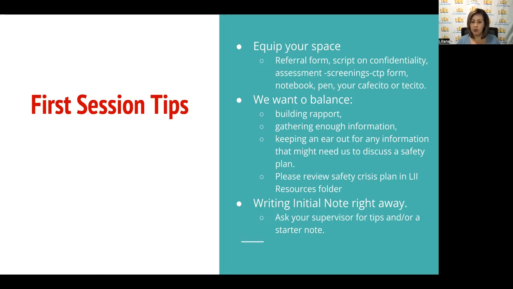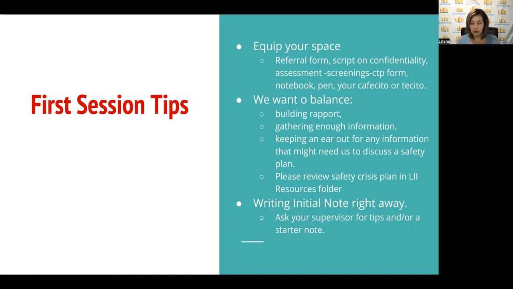So what I do want us to do is, since you all should have access to the resource folder in the Dropbox, to go ahead and go there. I want you to make a note now to look at the safety crisis plan in the LII resources folder.